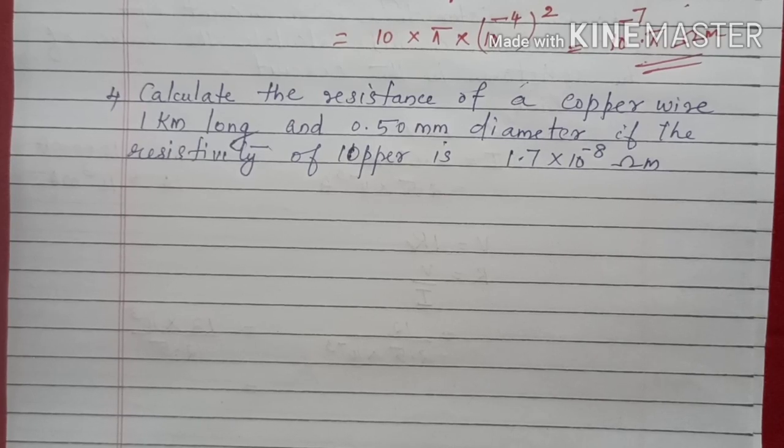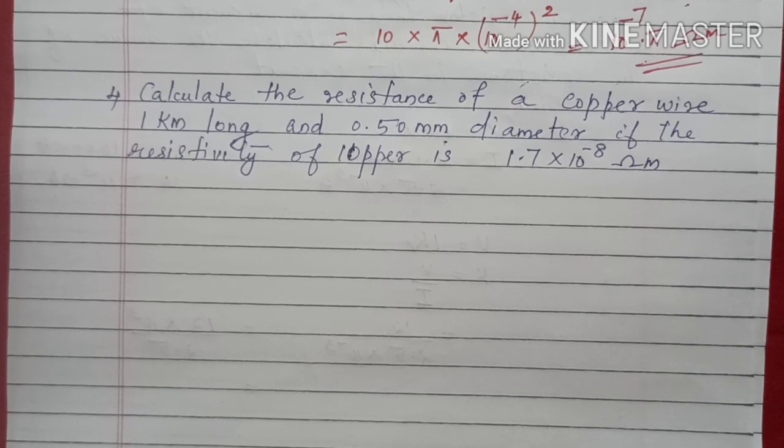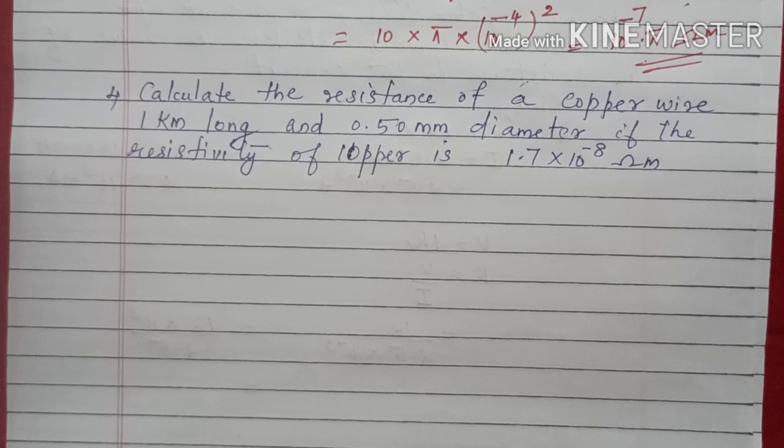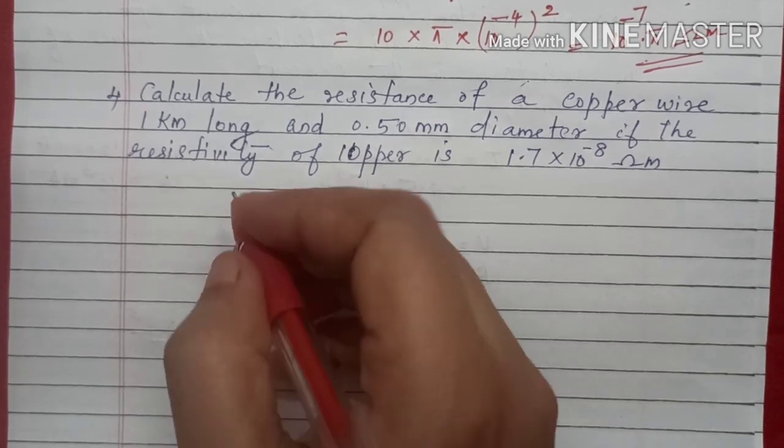Here the resistivity is given, that is 1.7 into 10 power minus 8 ohm meters. Then the length of the wire is given as 1 kilometer. Then diameter is 0.50 millimeter. Okay. So here some conversions are there. Then we can substitute. So first of all, write the given data.